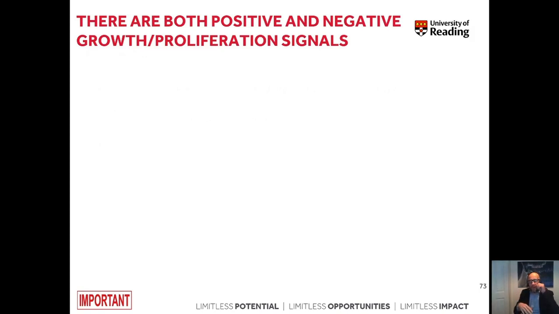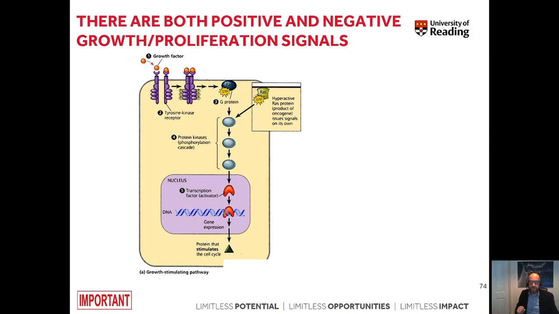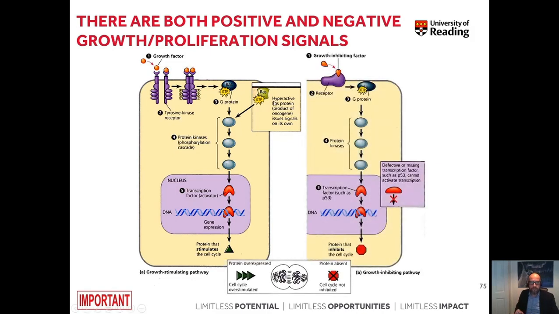If we look at the regulation of proliferation, then we will notice that there are both positive and negative signals. The positive signals usually involve growth factors. Those growth factors bind to the respective receptors. This results in a conformational change of the receptor, phosphorylation of the receptor, and activation of downstream proteins.